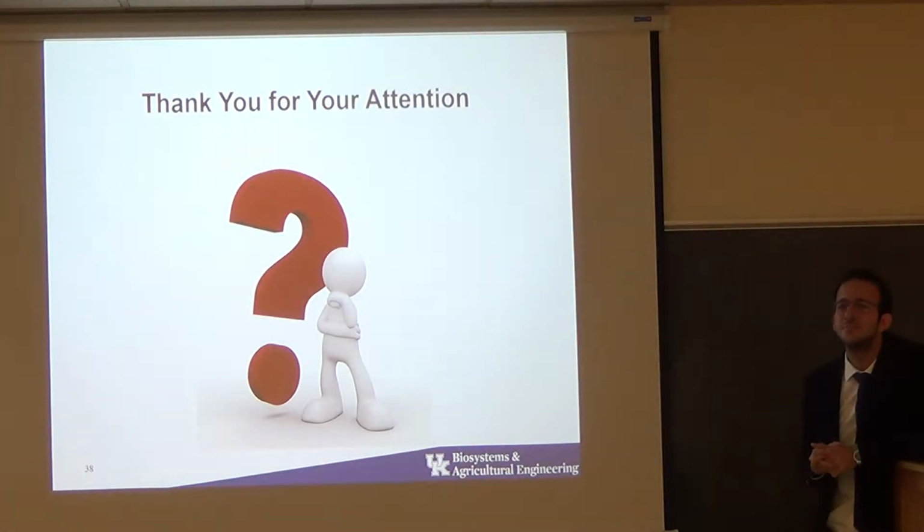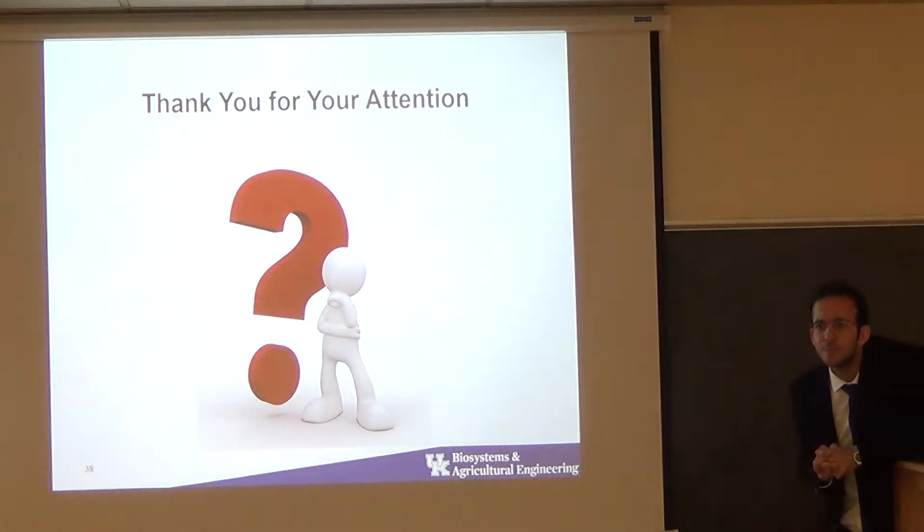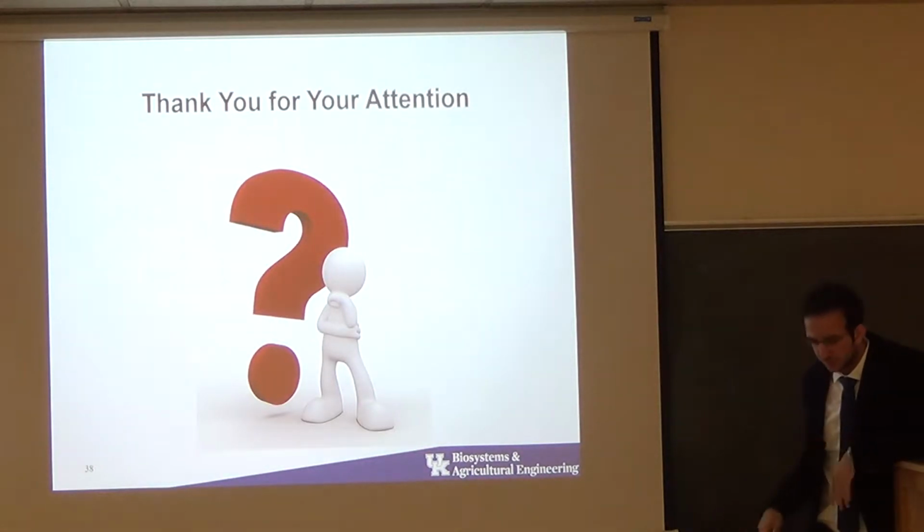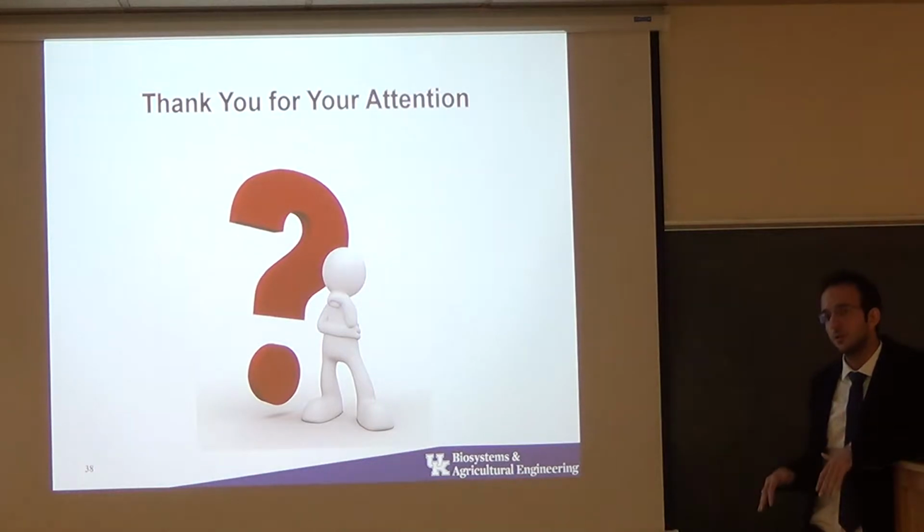So when the plant is in the field, do you measure the moisture from the bare soil, or do you also consider the plants? Okay, that's a good question. At first, our main focus is on the bare soil.